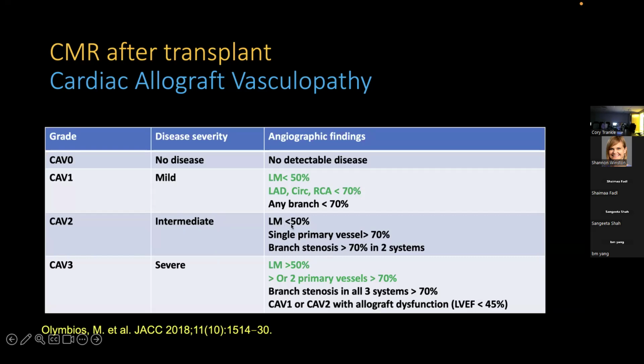It's when the left main is less than 50%, a single primary vessel has more than 70% stenosis, or branch stenosis is more than 70% in 2 systems. In grade 1 and grade 2, there is normal allograft function. But in grade 3, any grade with allograft dysfunction, LVEF less than 45, is considered grade 3 or severe.